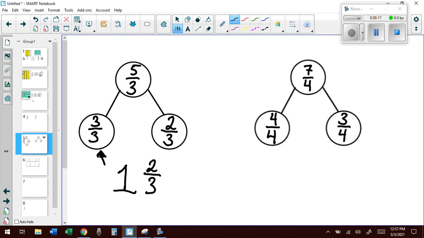In 7/4, how many 1 wholes do we have? Just this one right here. We just have 1. And how many left over? 3/4. So they both have 1 whole. So they're both greater than 1 whole. What we need to compare is 3/4 and 2/3.